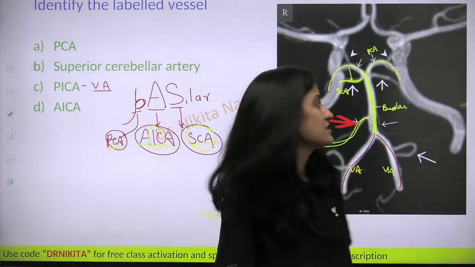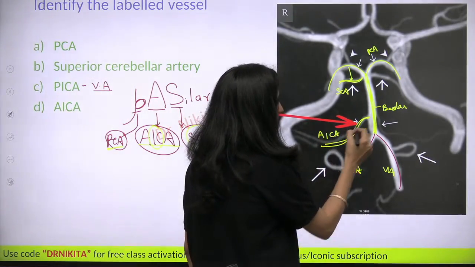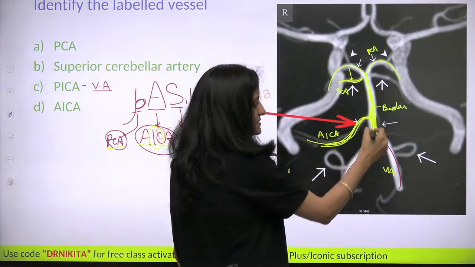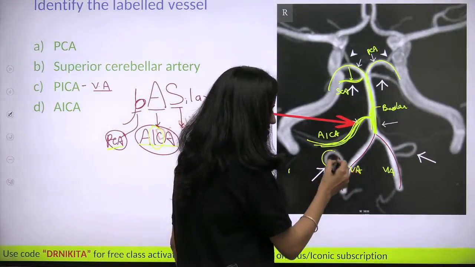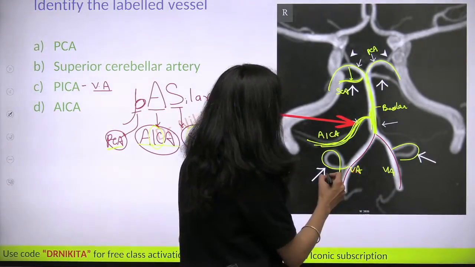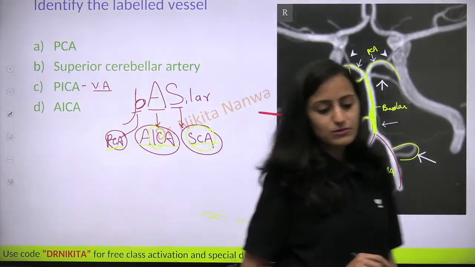This branch coming from the inferior part of the basilar will be your AICA. Tell me what branch is this, coming from the vertebral? That is your PICA.